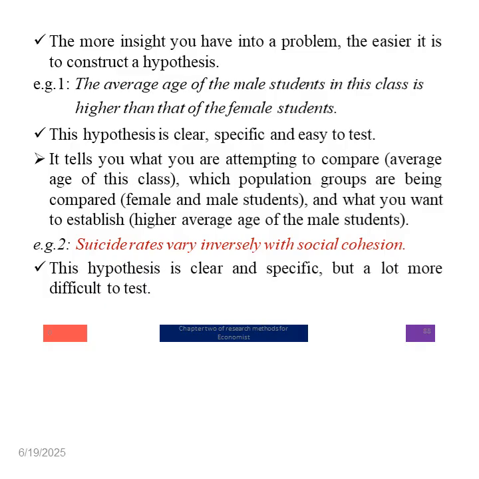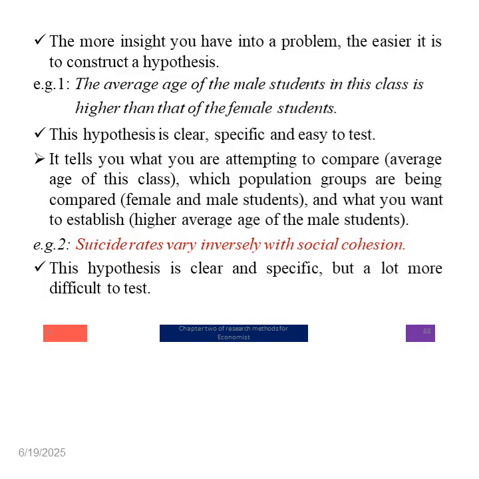This hypothesis is clear, specific, and easy to test. It tells you what you are trying to compare: the average age of this class, which population groups are being compared, female and male students, and what you want to establish, a higher average age of the male students.